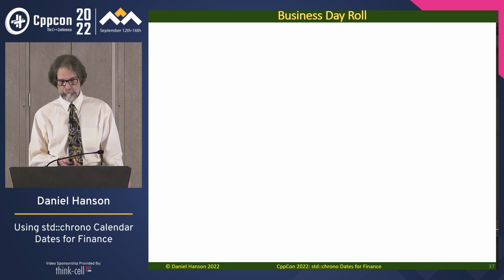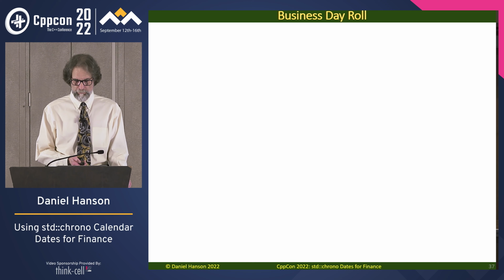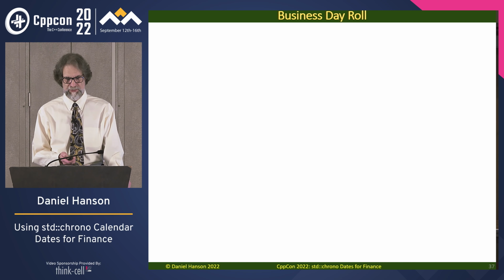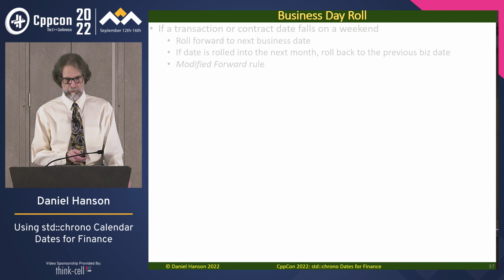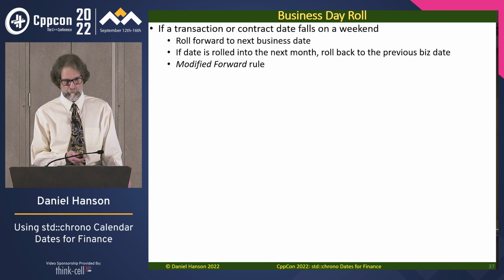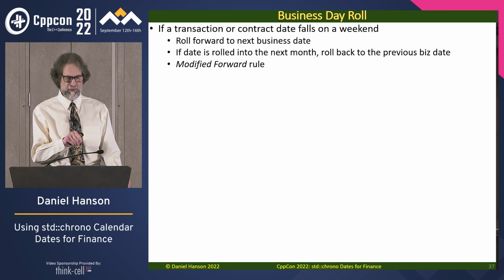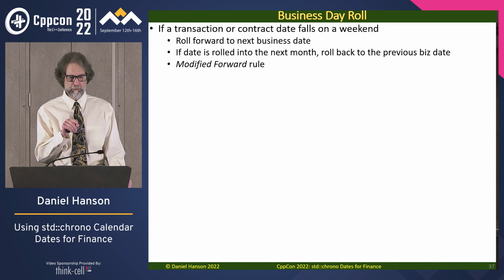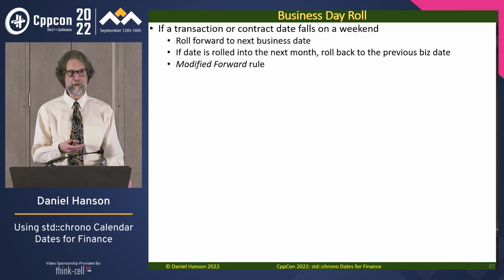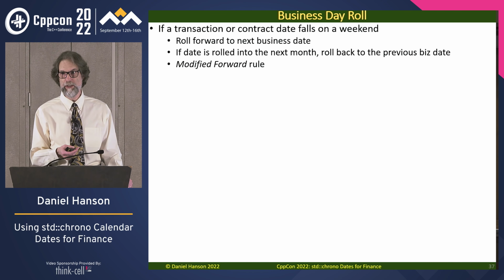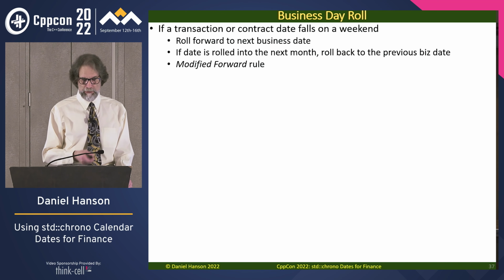The business day roll, this is the last thing that we need to do for our class. So this says, if a transaction, actually this is incorrect, a contract date will never fall on a weekend because you wouldn't set up a contract with a wrong date. So that's a typo.